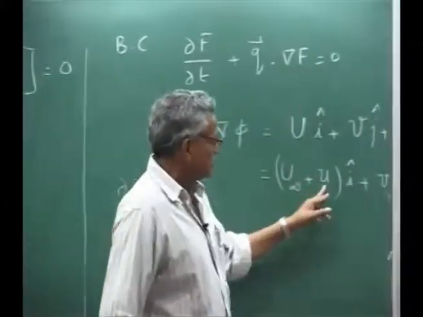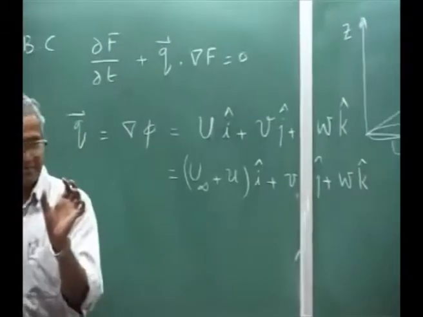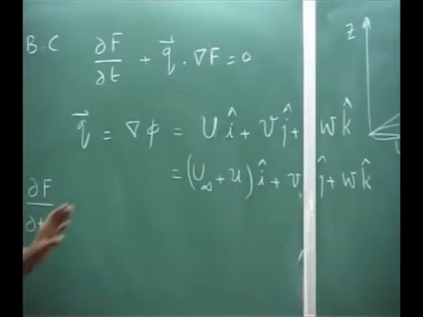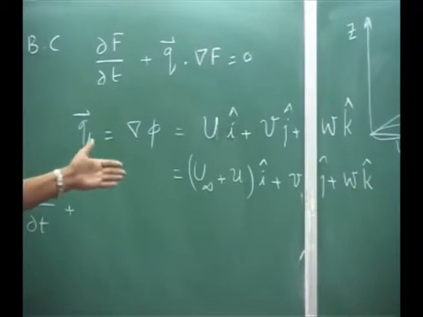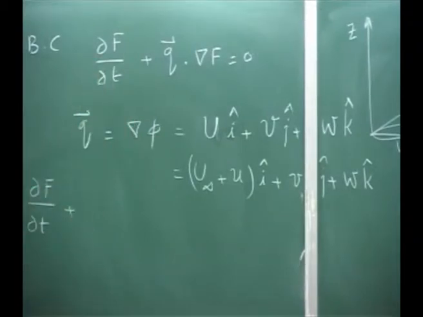This lowercase u, v, w are essentially perturbations due to the wing or the airfoil, due to this submerged structure which is present in the flow.